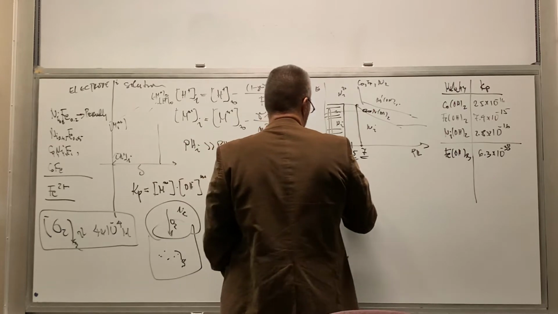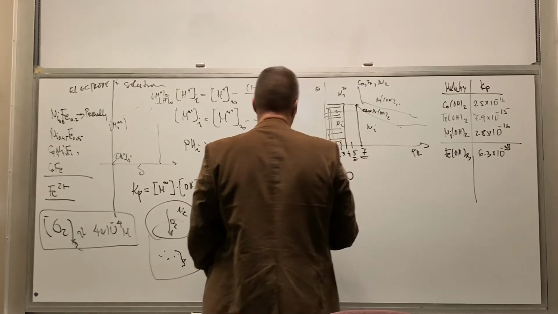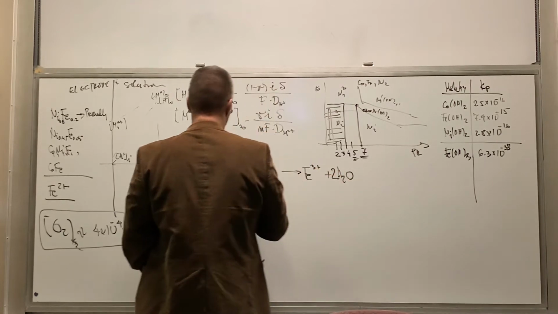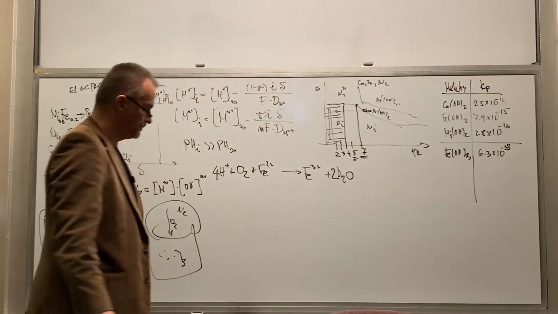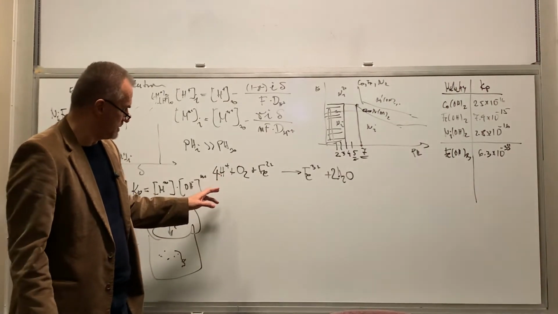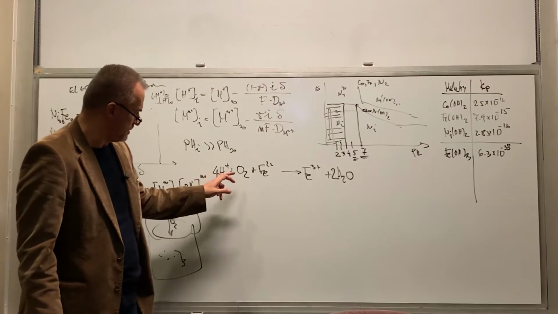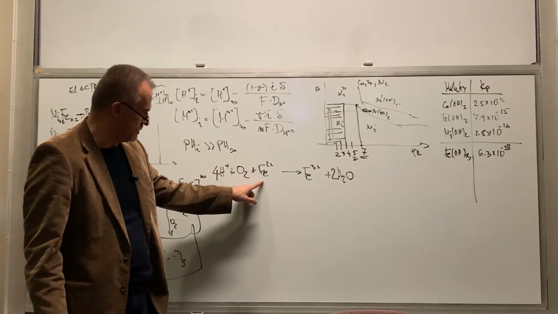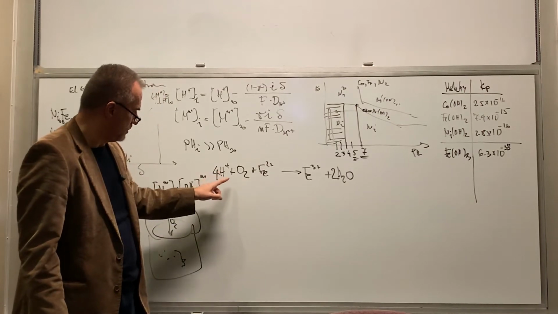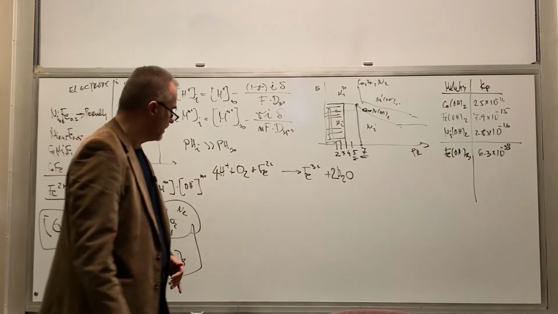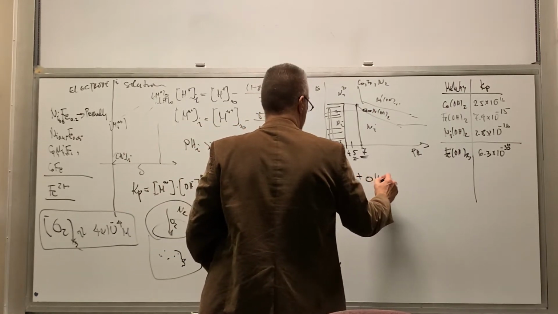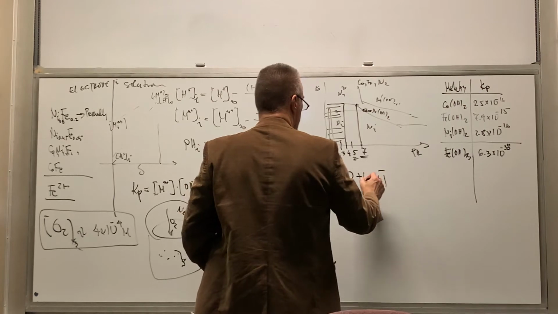You get iron 3 plus and then you get H2O, and there will be 4 H plus. Okay, so what really happens is that this oxygen oxidizes iron 2 to iron 3. At the same time, it gets reduced to OH minus, something like that, right?